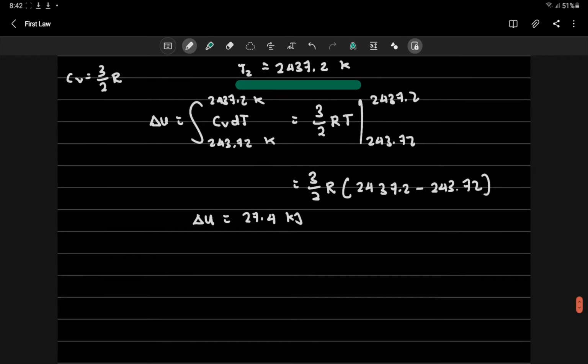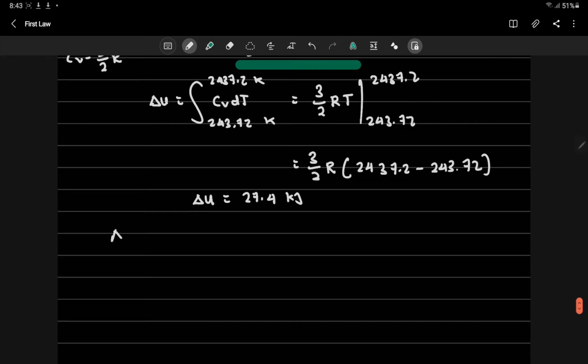Now, let's do the same thing for delta H. For delta H, it's the integral from temperature 1 to temperature 2, the same as for the internal energy change. But this time, it's Cp dT.